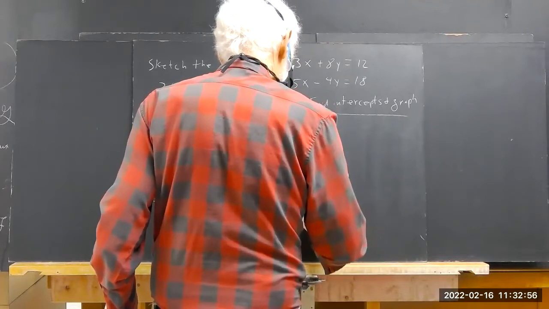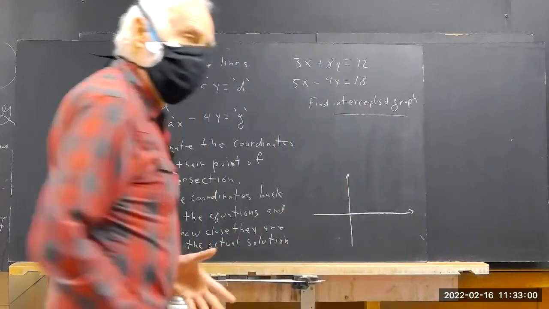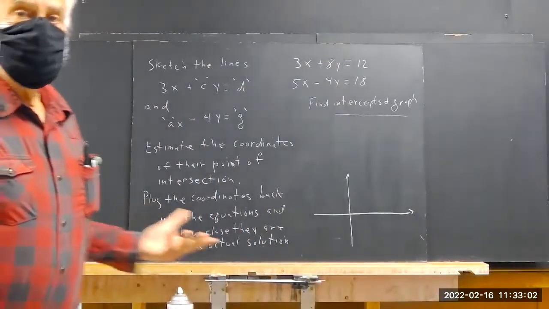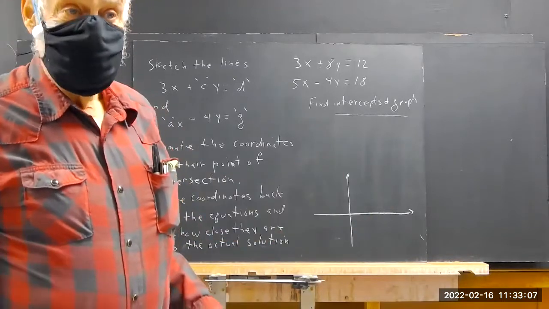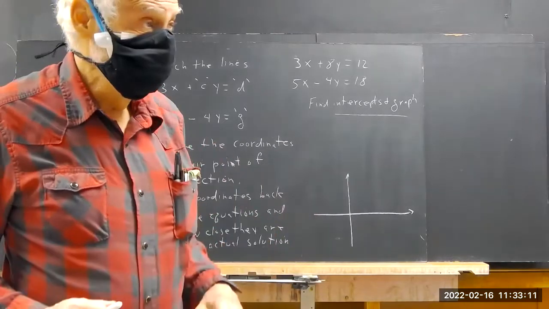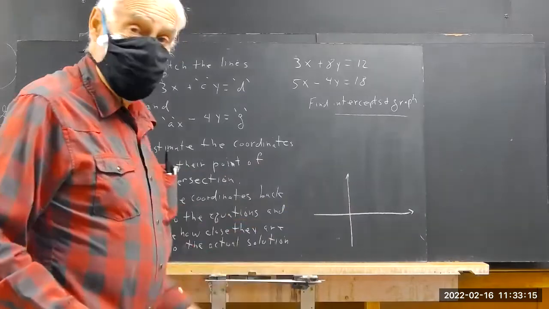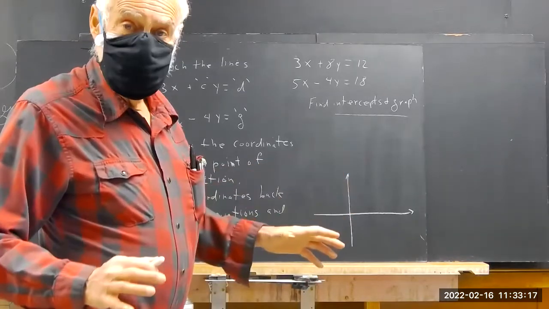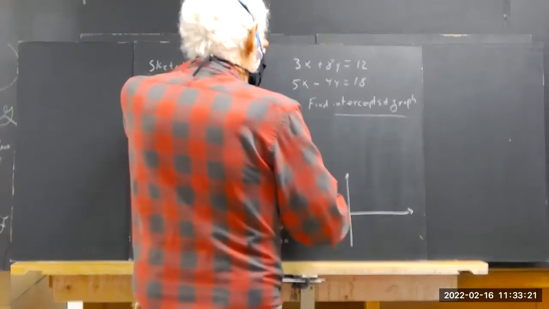I'm not going to put a scale on it until I know what my intercepts are, so I know how big of a scale I'm going to need. Because once I know where my intercepts are, I've got a pretty good idea where the lines are going to intersect. And I can get everything on the graph, and the graph will be big enough that I can make decent estimates, I hope.